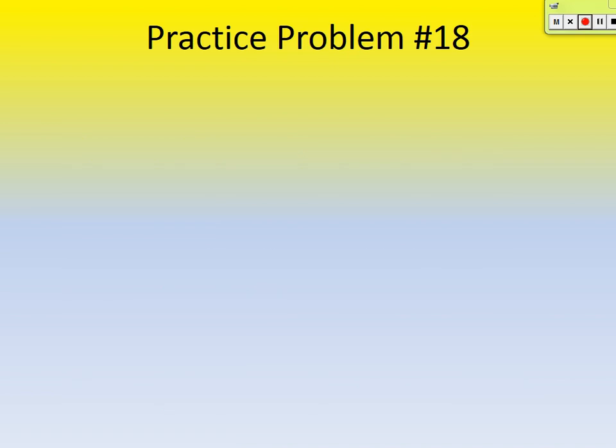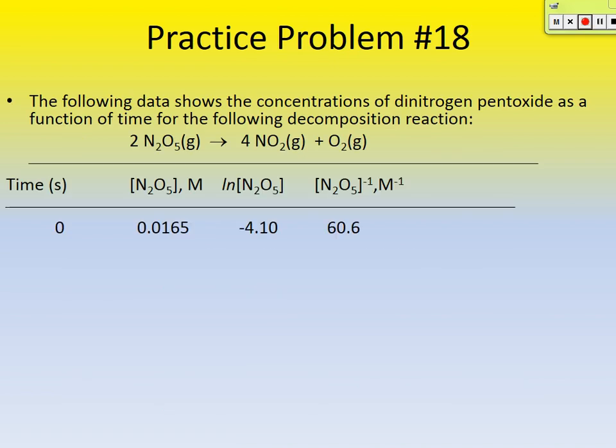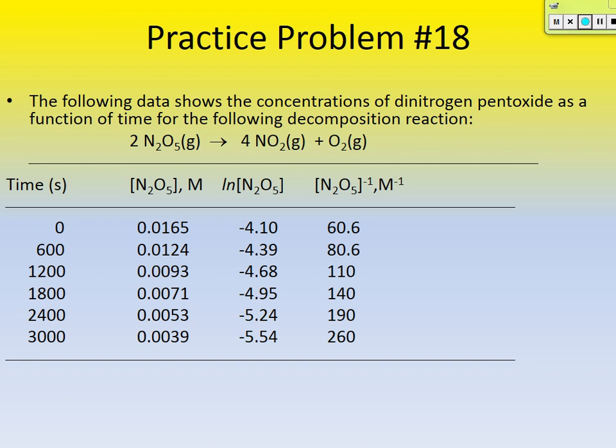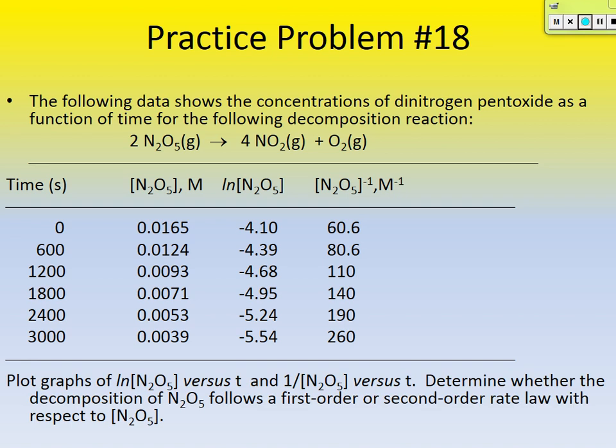All right, now I want you guys to try practice problem 18. I've already given you the values for all three of them. What I want you to do, and maybe I'll help you get started here, what's the interval changing with time? 600. Always? Yes, always 600.